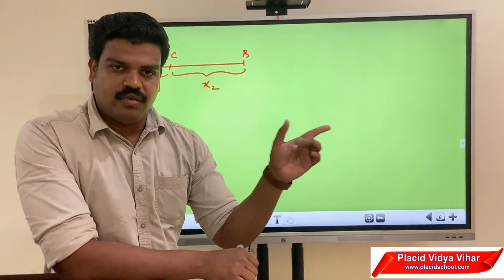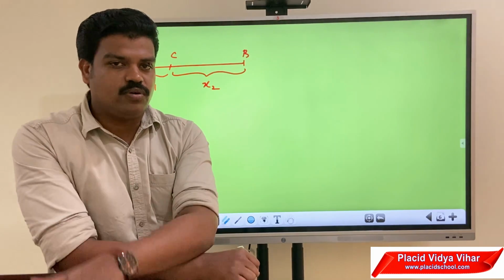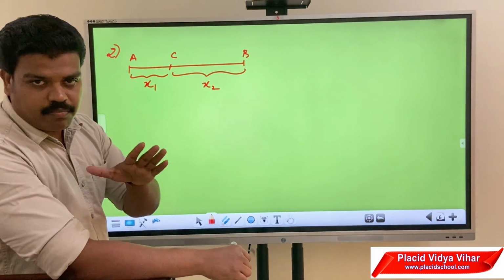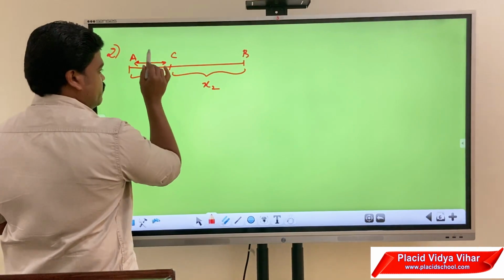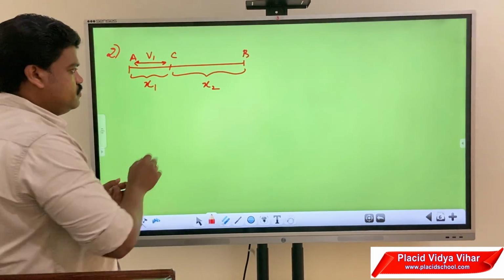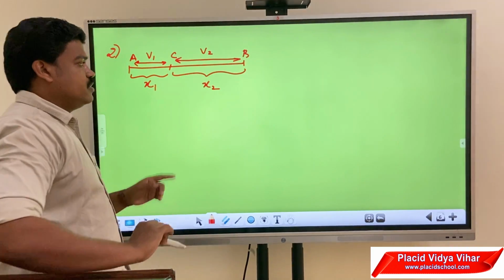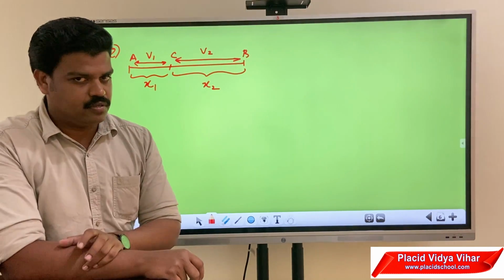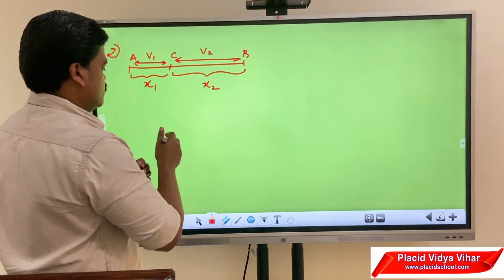In the second case, instead of distance covered, speed v1, speed v2 are given. In this case, distances x1 and x2 are separately given, with v1 and v2 the speeds of traveling from A to C and from C to B. Time is not given. What is the average speed of the object is the question here.